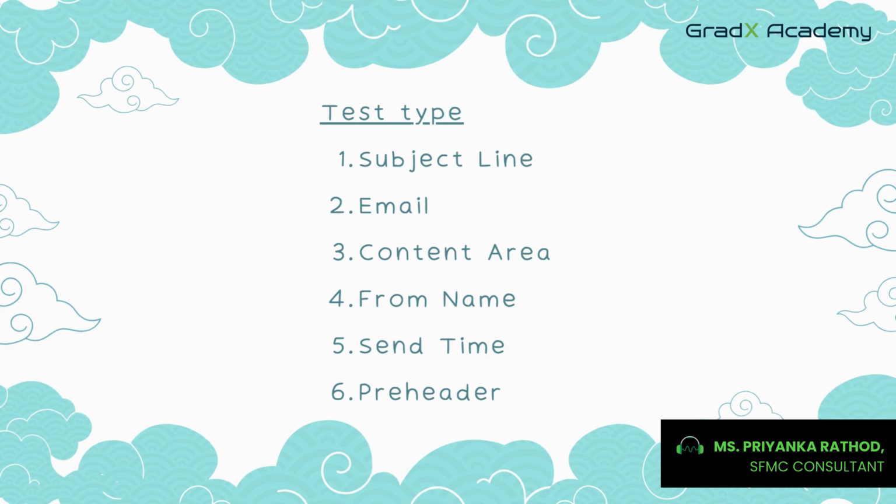Then content area: if we want to check any area in the content, we can select content area also. Then from name, that means sender profile, that option is also there. Send time and pre-header. Send time, if we want to check at what time our audience responds best, we have this facility over here.